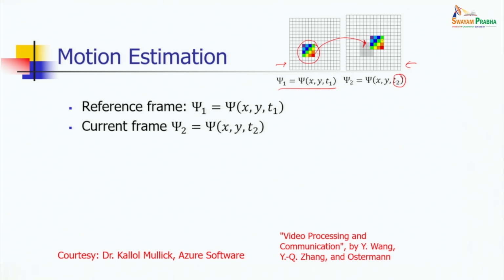So for each block we find out which block it came from. We code the respective position in the previous frame, the location and the frame, and also the respective difference and the motion vector. The motion vector would give me the position.